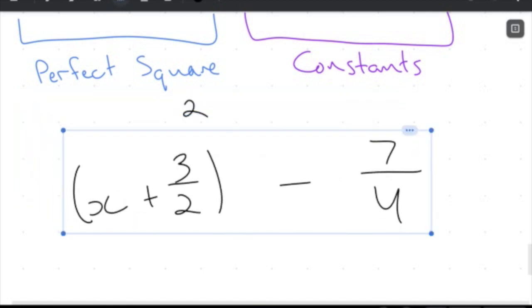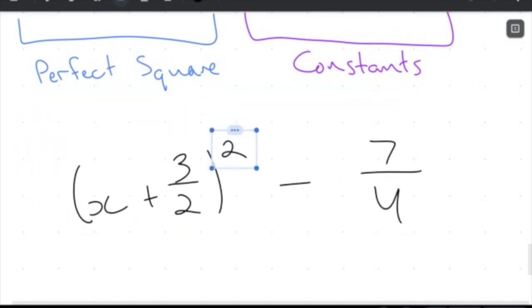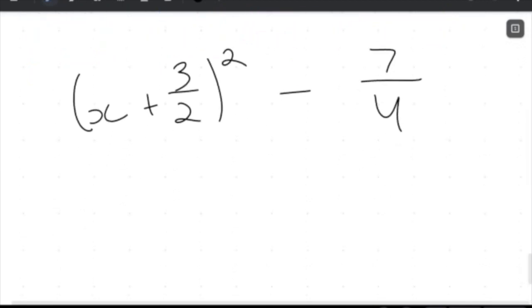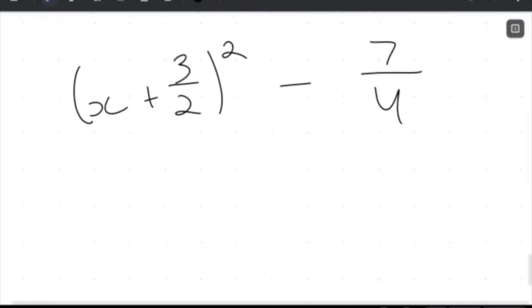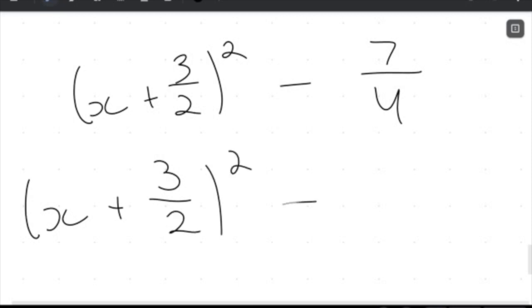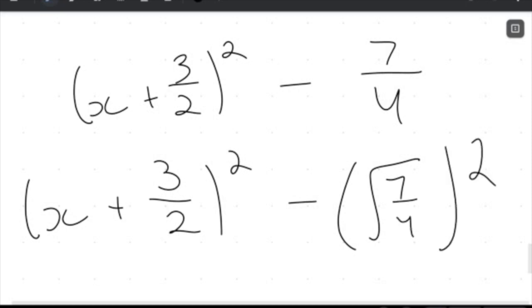And honestly, we'll leave this one just as is. We don't have to worry about these crazy factorizations. You can do these in your own time as well. Actually, let's just do it because we might as well. Because this is a difference of 2 squares, we can mess around with this a little bit. So this is like saying x plus 3 on 2 all squared minus root 7 on 4 all squared.